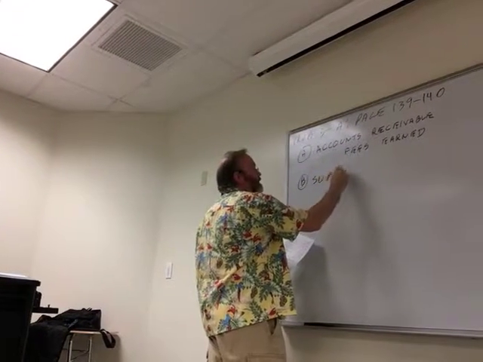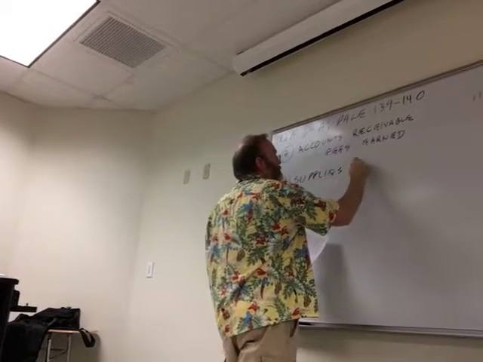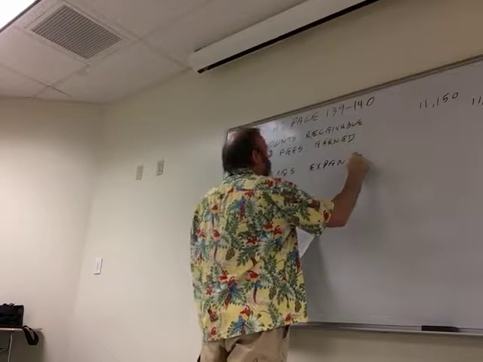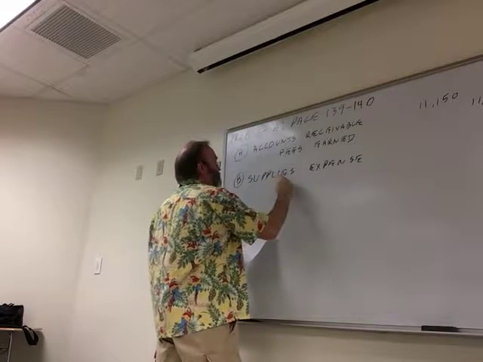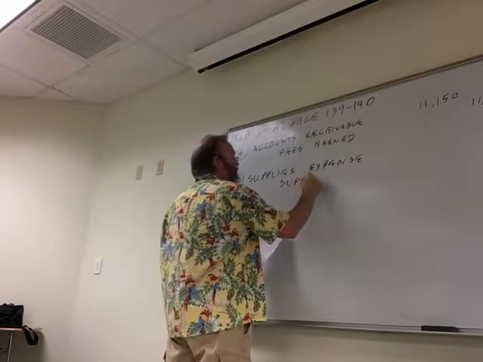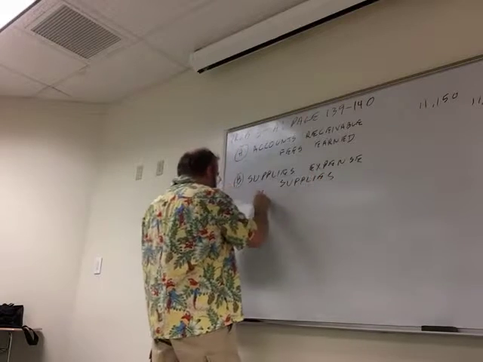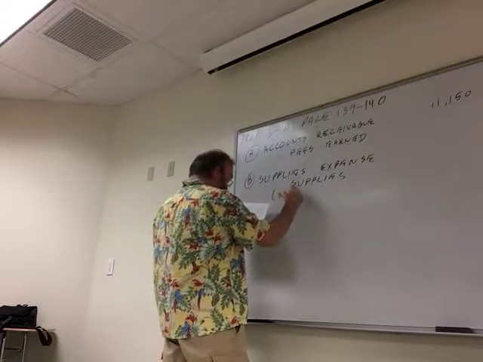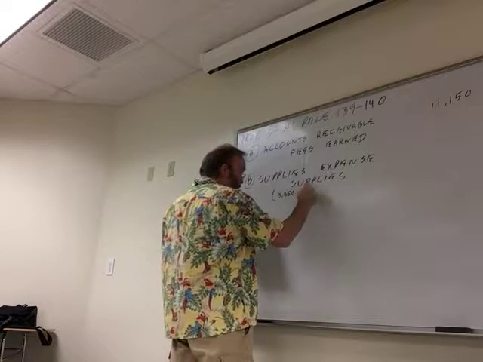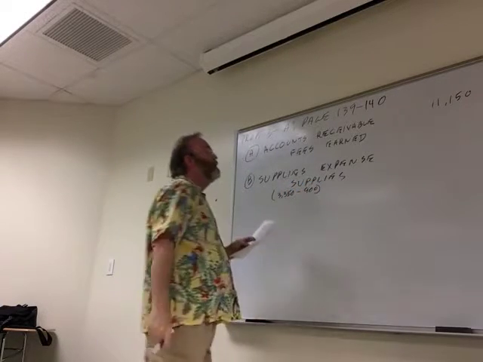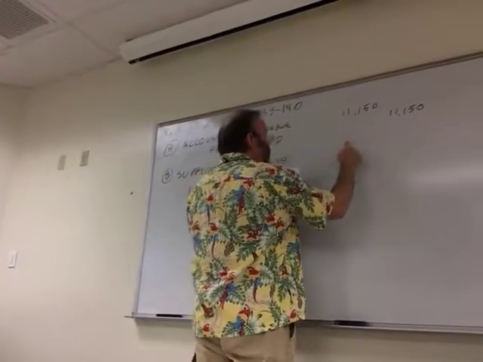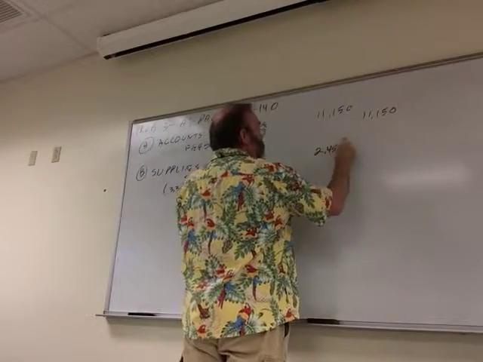Supplies expense, and then we're going to credit supplies. So we have a balance of $3,350, but yet on hand we only have $900. So if you subtract that, you get $2,450.